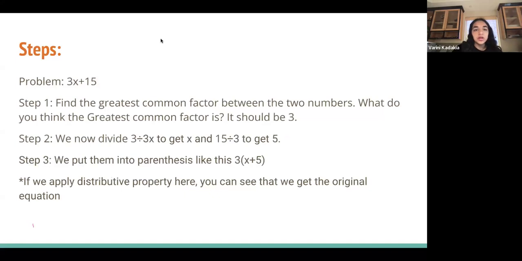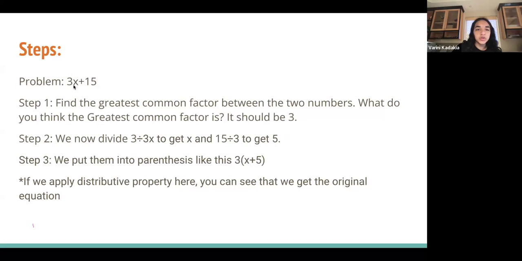Okay, so let's say you have the expression 3x plus 15. So you don't know what the value of x is, you're just given that it's there. You need to find the greatest common factor between the two numbers. So what do you think the greatest common factor is? 5.